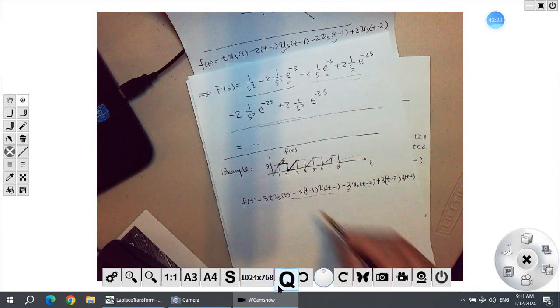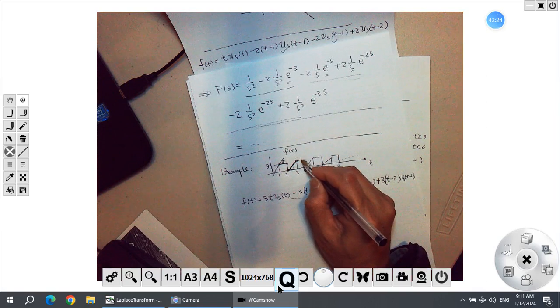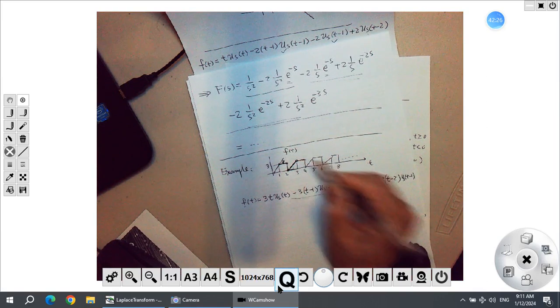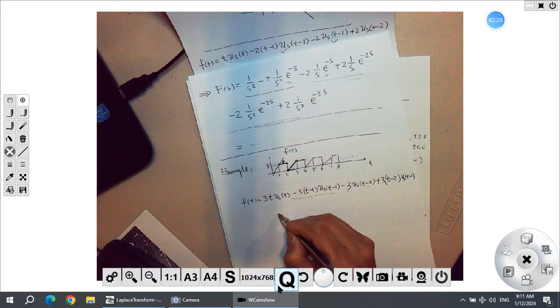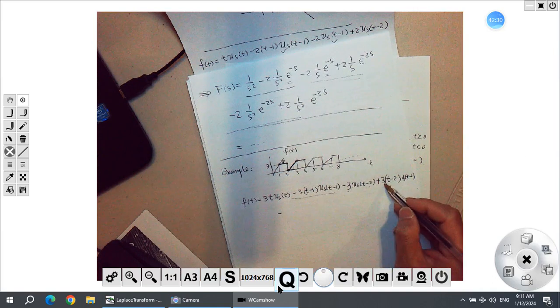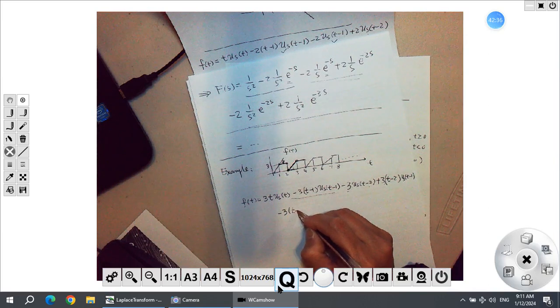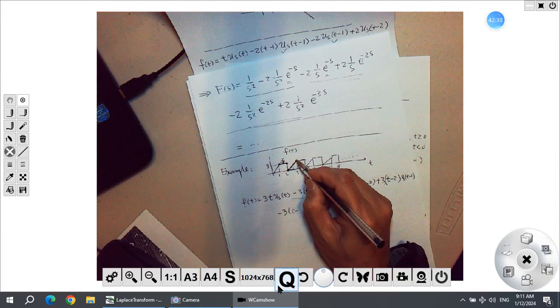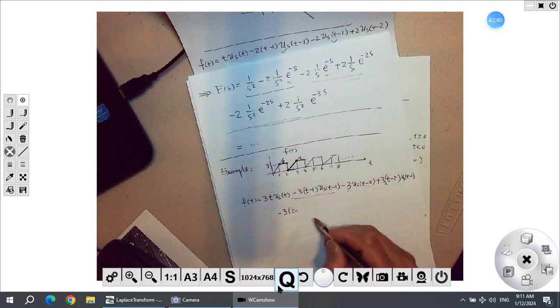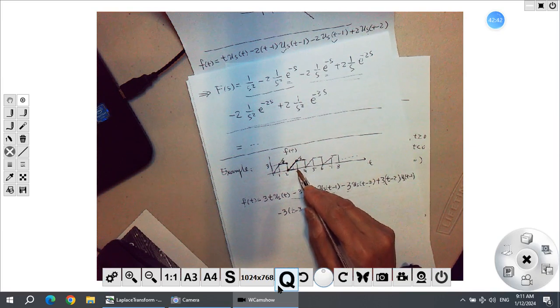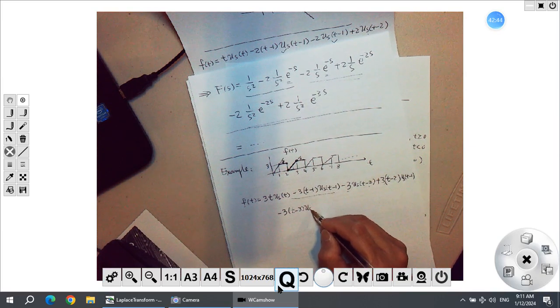And then similarly here, we need to cancel the ramp again. So minus the ramp, this is 3, now minus 3 times t minus 3, because we change the slope here, right? And u_s of t minus 3.